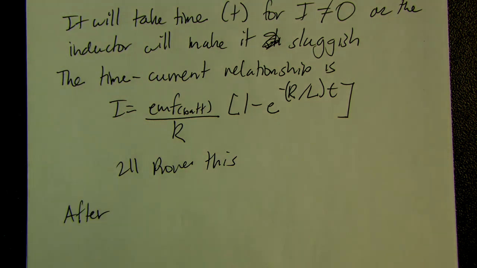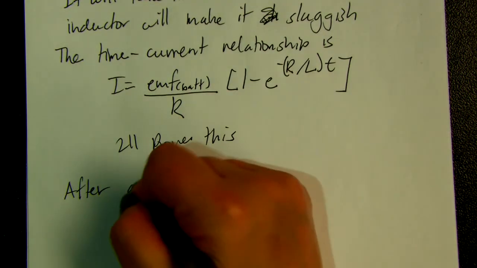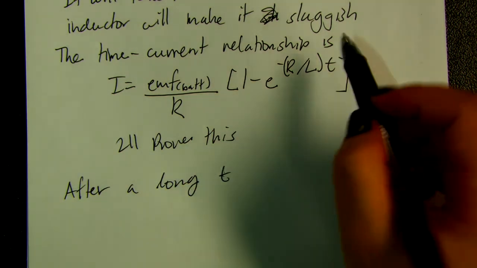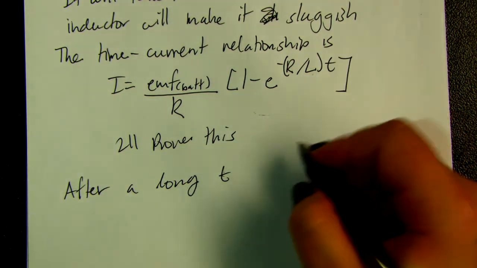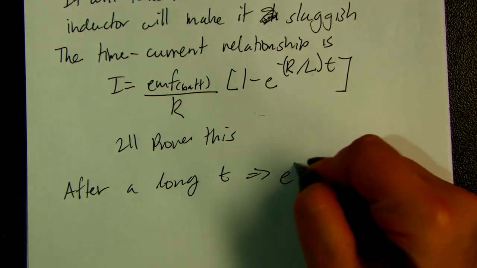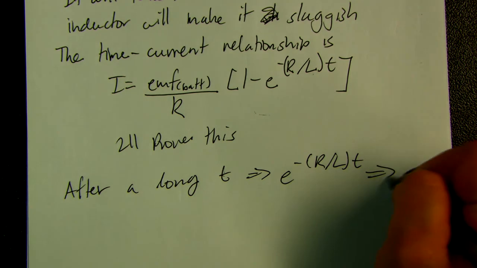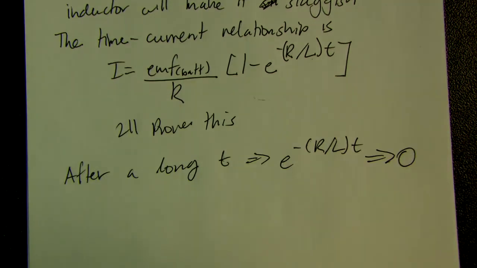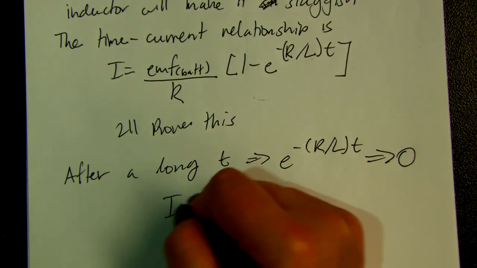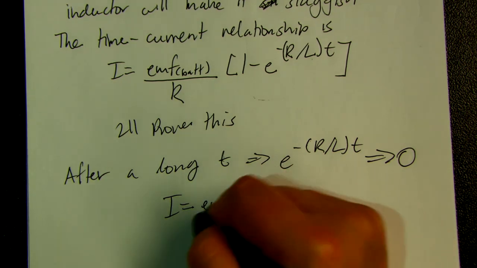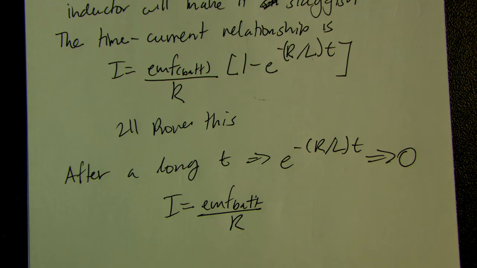All right, so it's just a derivative. So after a long t, if we look at this, we can see that eventually e to the minus R/L t is going to go to 0, and then you essentially have I is equal to EMF of the battery divided by R. Oh my goodness, we've seen that so many times before.